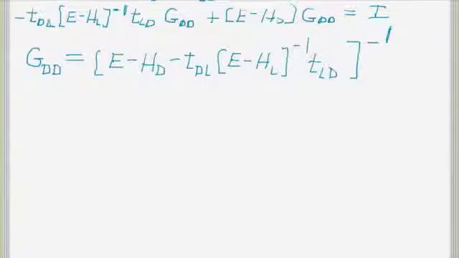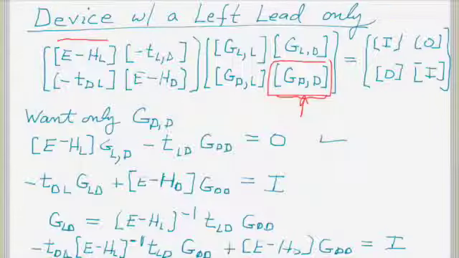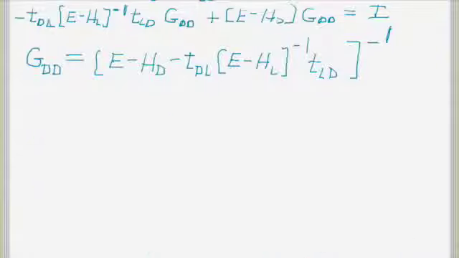And in our case, this block over here is actually semi-infinite, so I have no choice. But nevertheless, this is an example of what they call inversion by partitioning. If this were finite size, then this whole thing in brackets is now being inverted, but the size of what I'm inverting is only the size of h sub d.